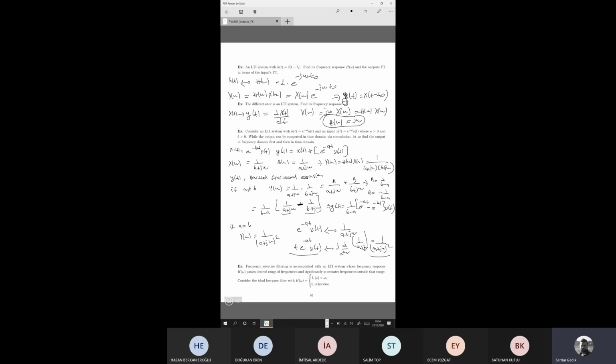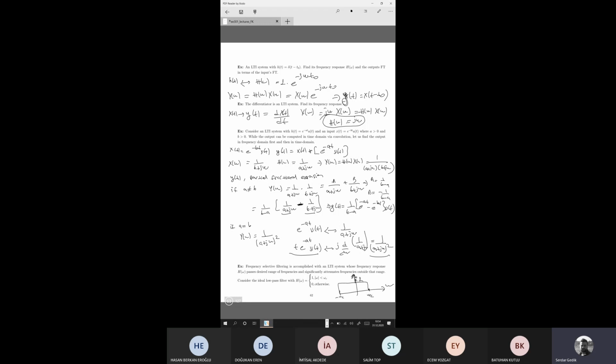Well, the next example tells me about frequency selective filters. We will have many more examples and cases again in CENG 441, the digital image processing lecture. This is what an ideal low pass filter looks like. Let's say this is omega c, this is minus omega c, so it is 1.